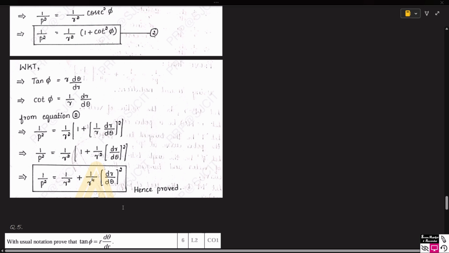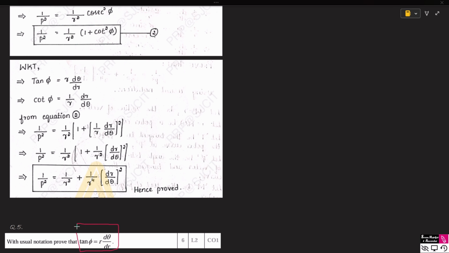Now we know from the previous notation that tan phi equal to r into dr by d theta, or cot phi equal to 1 by r dr by d theta. So we are comparing it, and we are adding the cot phi value here, in the cot square phi.